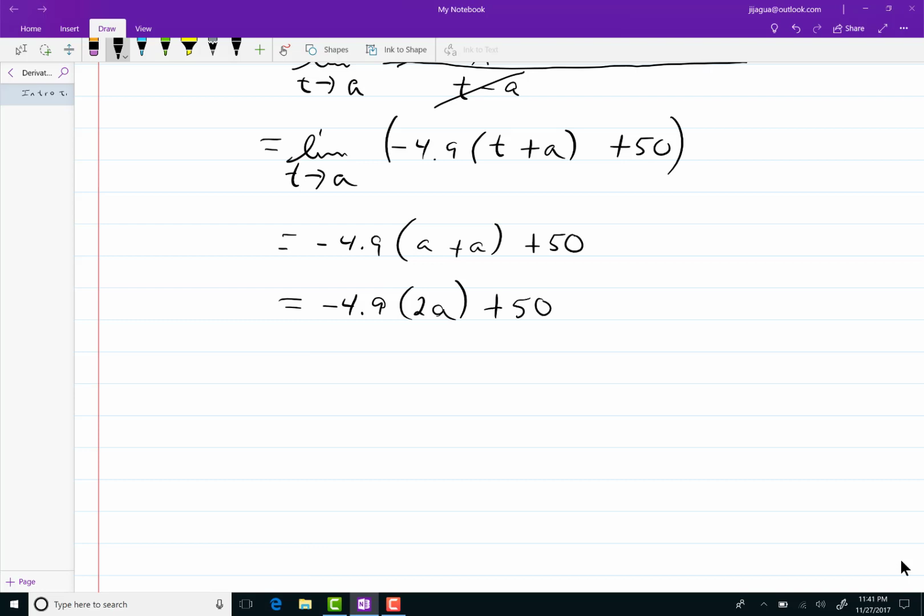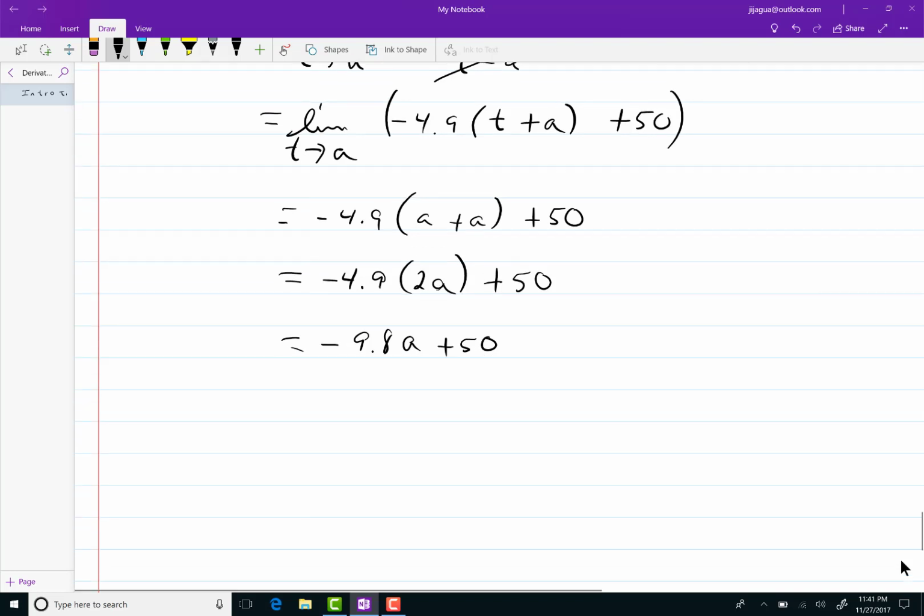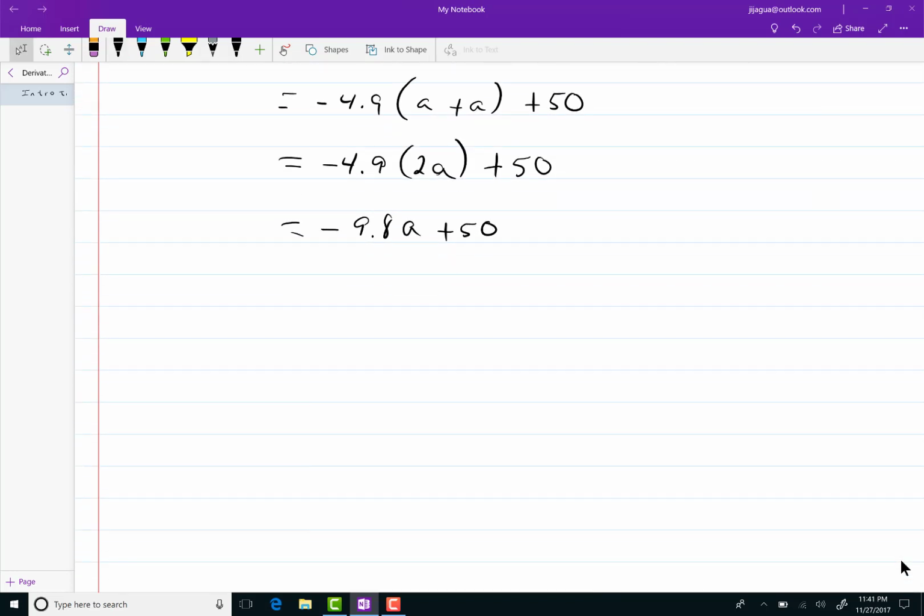And just to make it as simple a formula as I possibly can, I'll multiply the 4.9 times 2, so I get negative 9.8a plus 50. So that's my velocity. In fact, this is s prime of a. I could say v of a, because I'm talking about the velocity. V of a equals negative 9.8a plus 50.